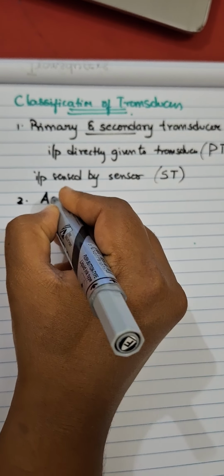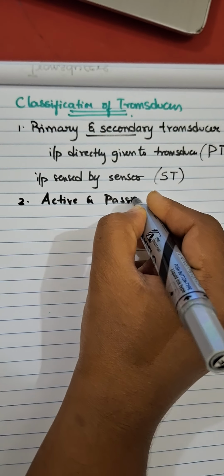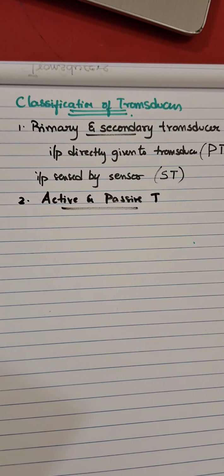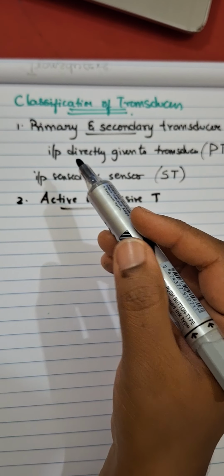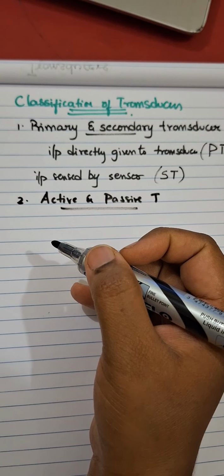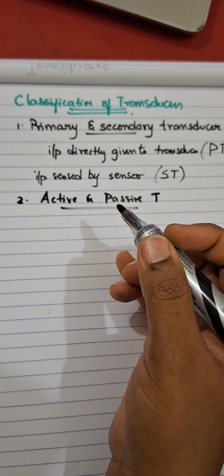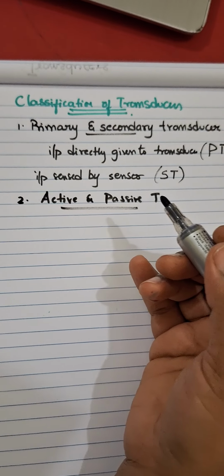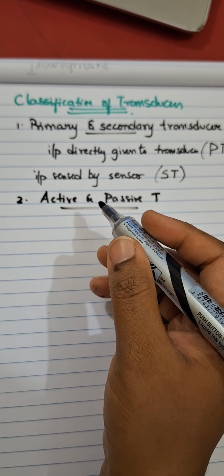The second one is active and passive transducers. Transducers, on the basis of energy conversion, are classified as active and passive. The self-generated type transducers, which develop their output in the form of electrical voltage, are referred to as active ones.